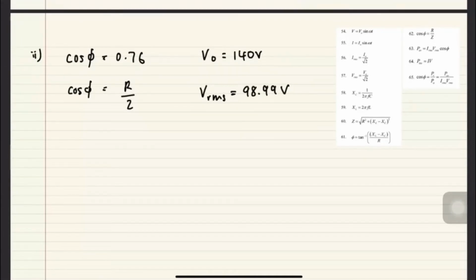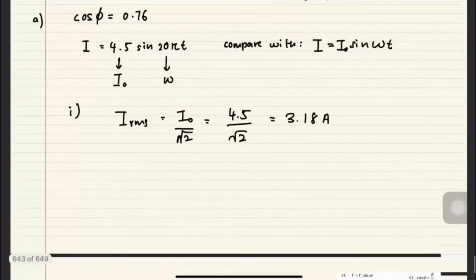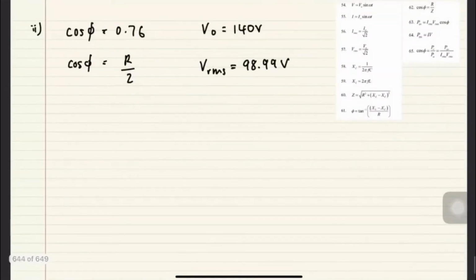So once I got the VRMS, because this is an RLC circuit, if I use Ohm's law, V equals I times Z. So I cannot put R, because it is a combination of circuit. There are several components, so you have to put it as Z and not R.